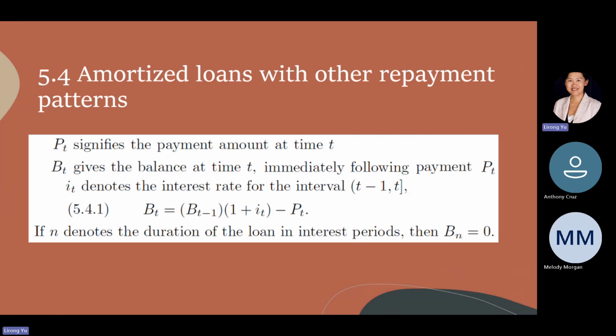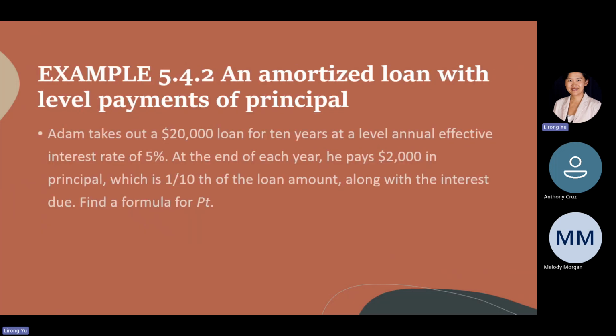Now we have other topics in this section that we did not mention in 5.2, though most of them are the same idea. Let's see with an example: 5.4.2 talks about an amortized loan with level payment of principal, which is actually what we have in 5.2, but we're replacing it to be consistent with the notation.